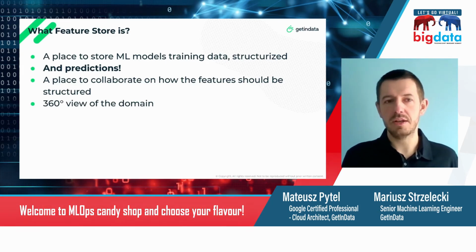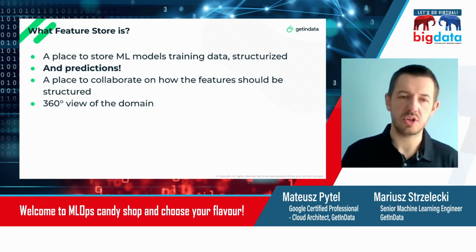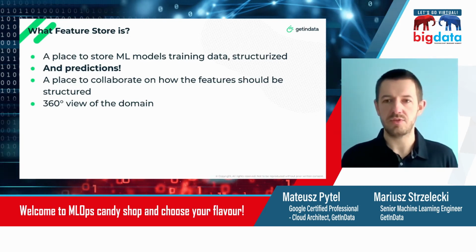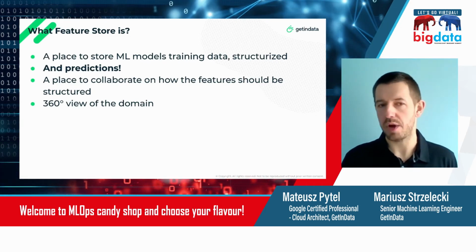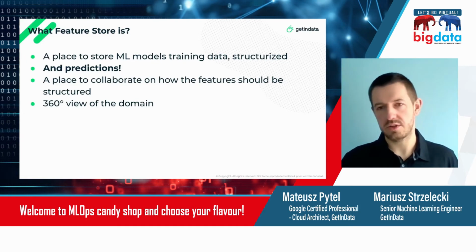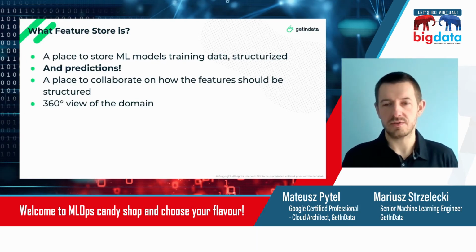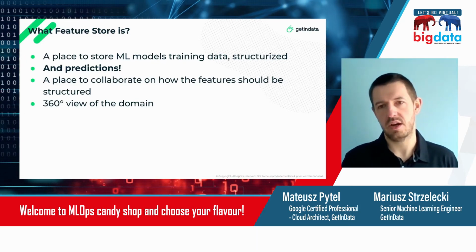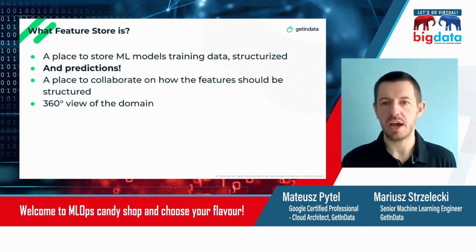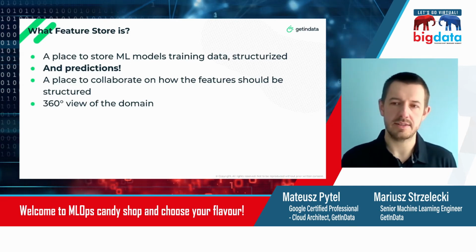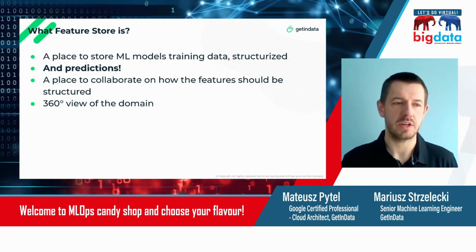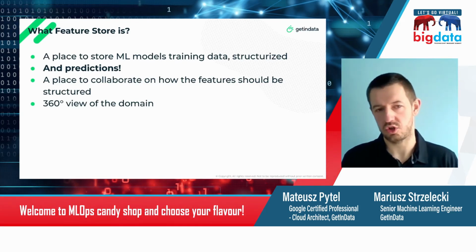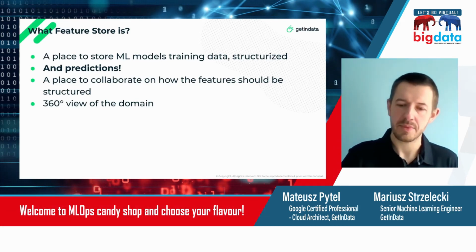Why is it so? Well, if there is a place where you store all the data available in different databases in an understandable way, all the data that you can get on the user, this is of course the best way to get the feeling of how the user behaves, what the user does, and this is a central place to actually provide you all the insights that you have on your user, for example.